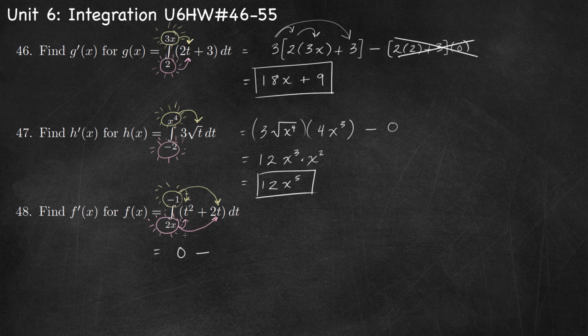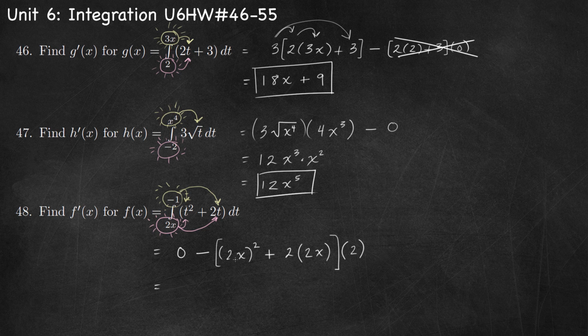So we have 2x going in for t, and t gets squared, plus 2 times t, and we're subbing 2x in for t. All of that is being subtracted, so I have to be careful there about distributing my negative sign. And then that gets multiplied by the derivative of 2x, which is 2.